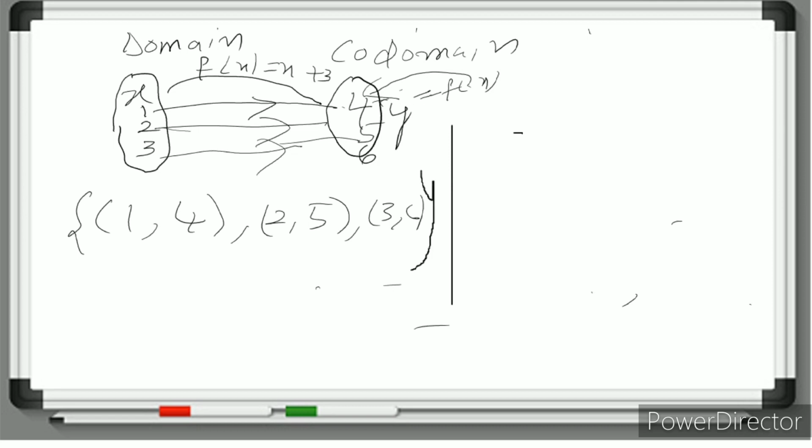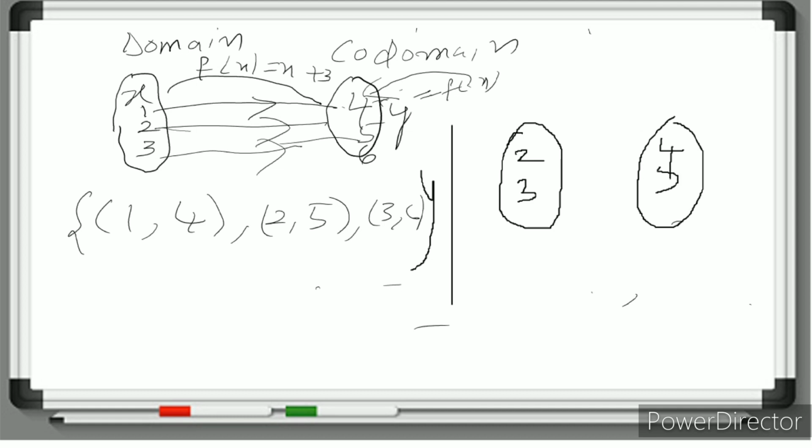So I will take 2, 3, here I will take 4, 5, here 7. Now here I will map 2 to 4, 3 to 7, and 5 is left unmapped. The number 5 is left unmapped.